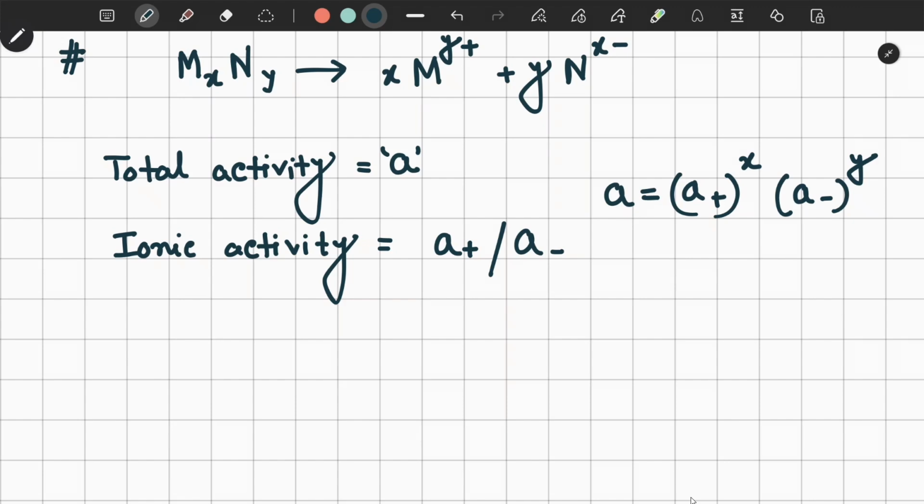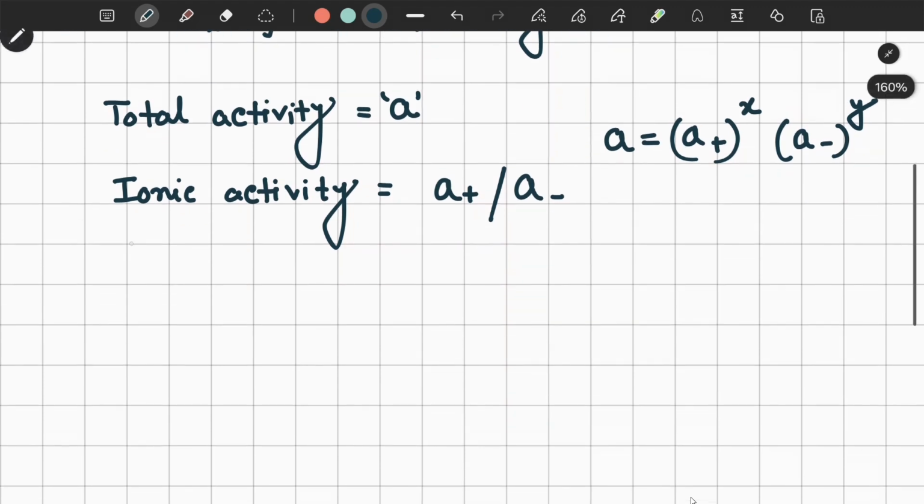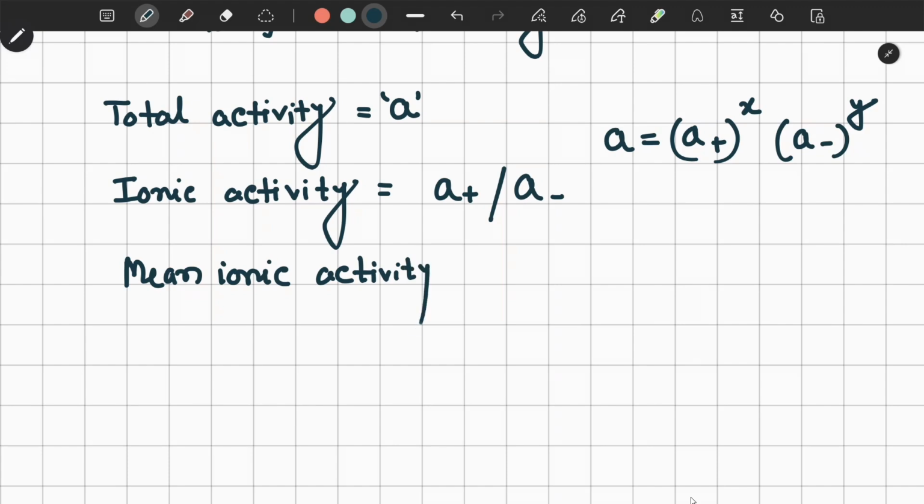Now, instead of x number of cations and y number of anions, we can consider a total of x plus y number of ions as a general species of ion having the mean ionic activity. So how can you calculate that mean ionic activity? That means the activity of ion, average value.